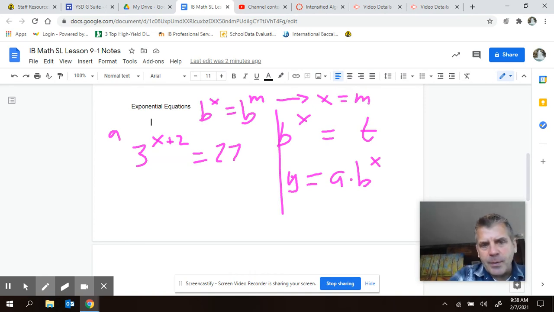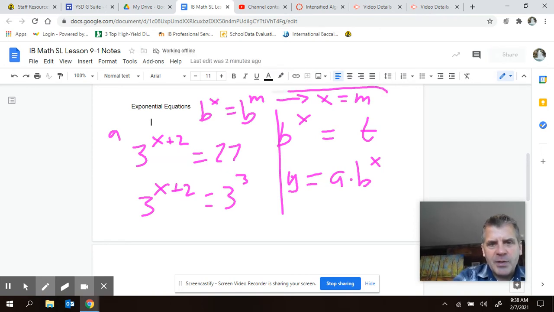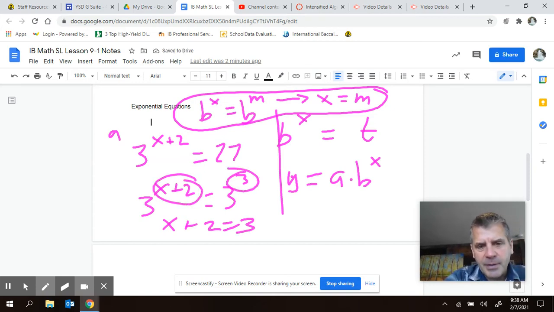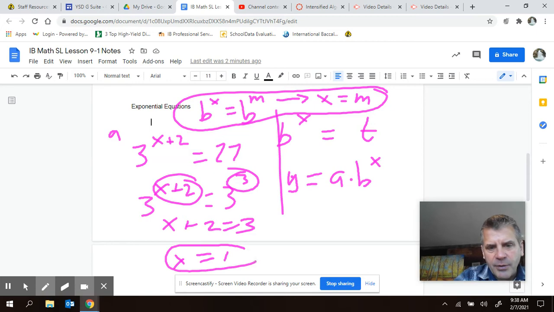If I can rewrite 27 as a power of 3, 3 to the third, that allows me then to use this rule to say, oh, well, then x plus 2 is equal to 3. Corresponding exponents. So really basic, then we know that x would have to equal 1 by subtracting 2 from both sides.